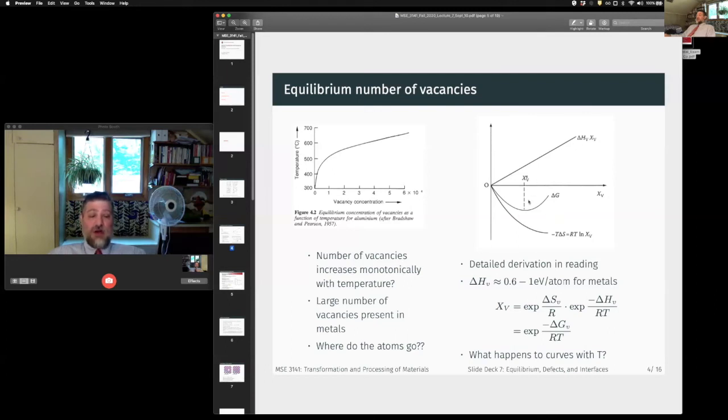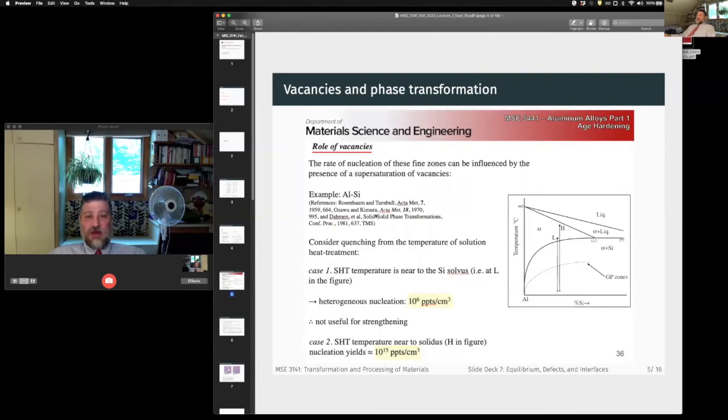So this Gibbs free energy curve is always positive. It never goes through any negative regime for those defects. Okay, so why on earth are vacancies useful for phase transformations? Why am I going on about this?